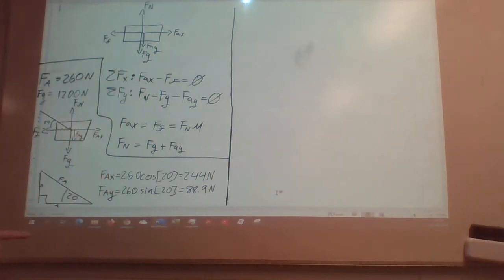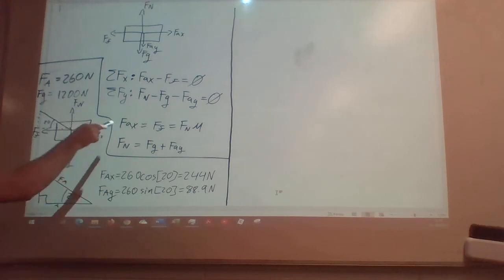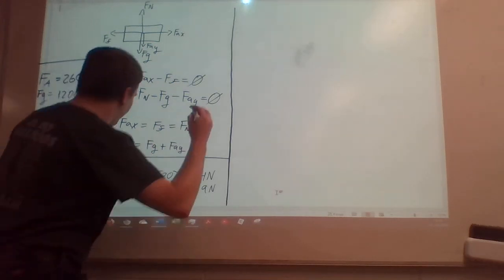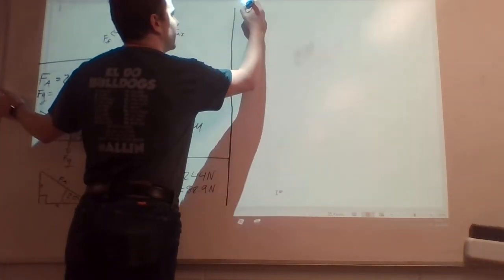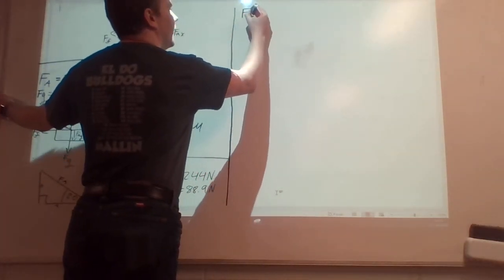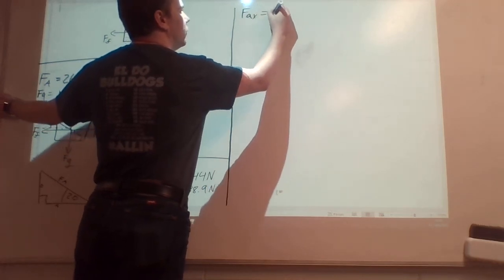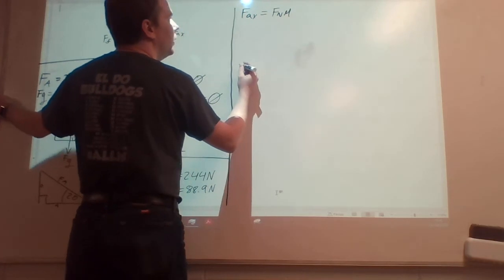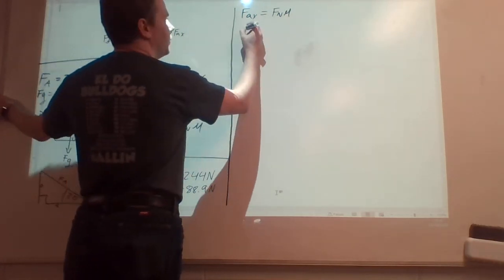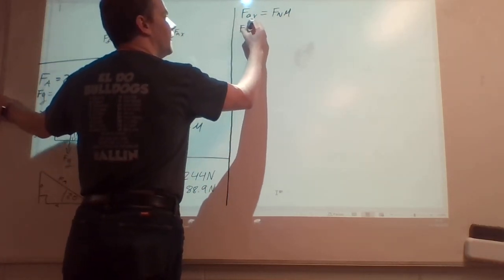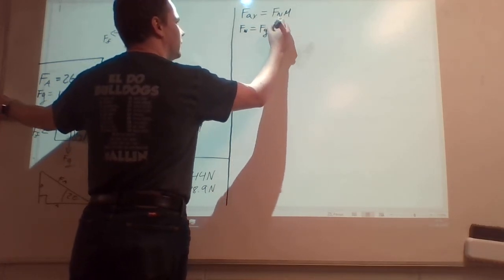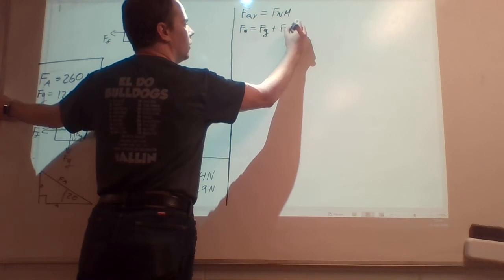So let's jump up here. I'm going to rewrite these two equations, and then we will see what we need to do. So I can drop this, so we have that FAX is equal to the normal force times the coefficient of friction. And we have that the normal force is equal to FG plus FAY.